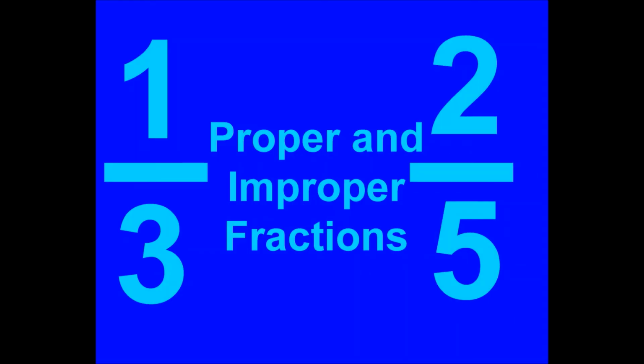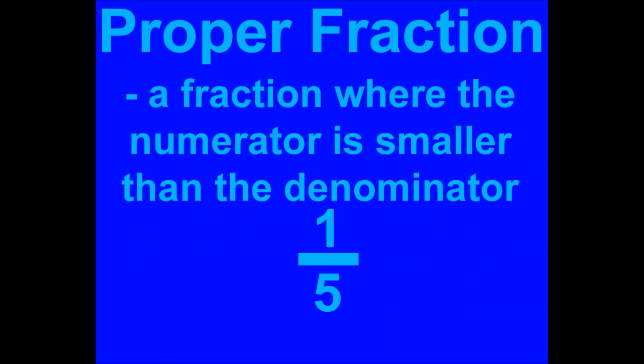Let's learn about proper and improper fractions. A proper fraction is what you've already seen before. It's a fraction where the numerator is smaller than the denominator. In this example, 1/5 is a proper fraction because 1 is smaller than 5.